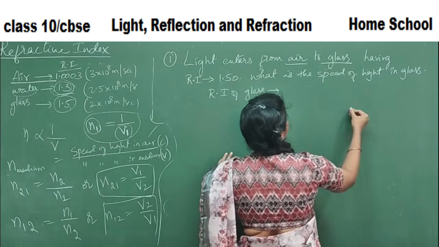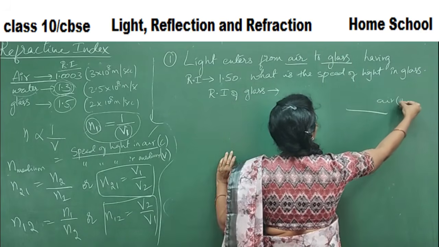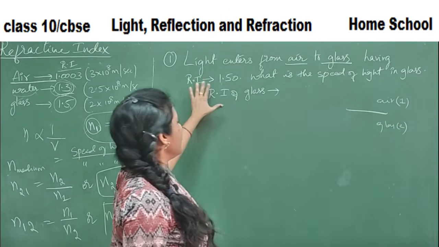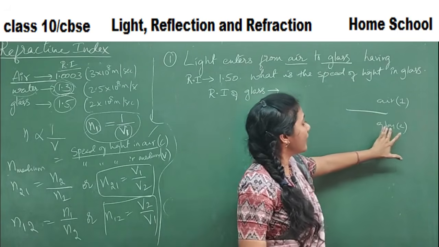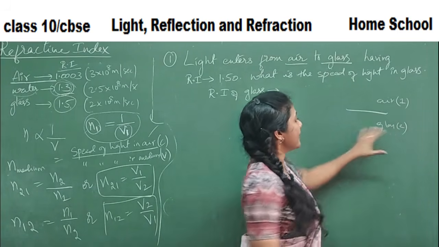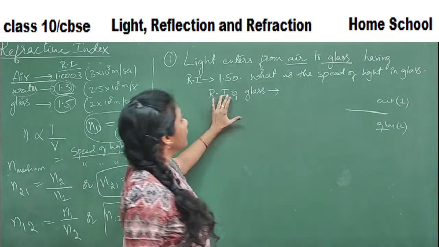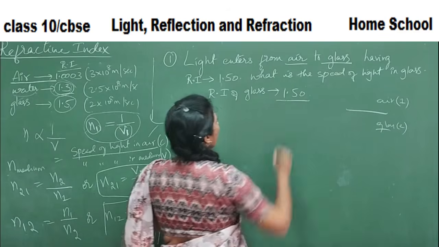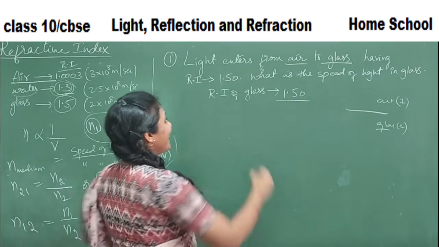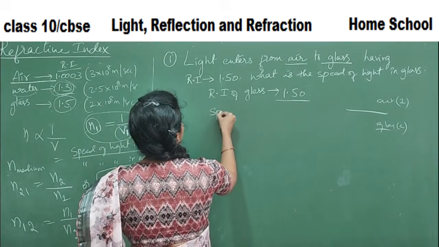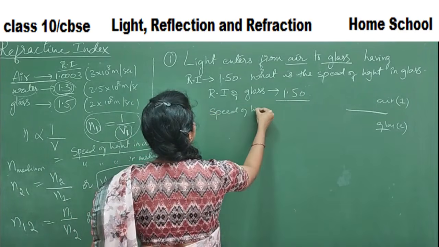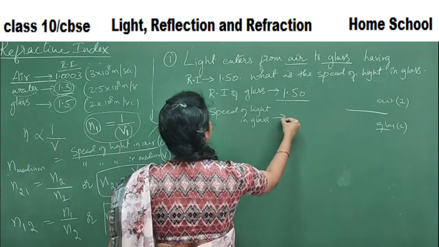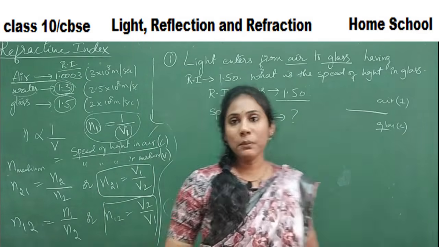That means air is the first medium and glass is the second medium. So whenever they are giving a refractive index, it is the refractive index of the second medium. Here the second medium is glass. So the refractive index of glass is how much, guys? 1.50. Yeah. What is the speed of light in glass? That is what they are asking. So among these formulas, which formula do you use?